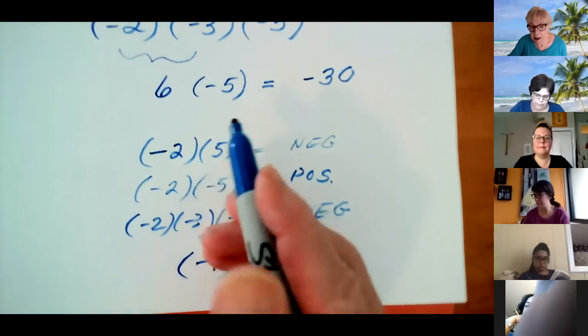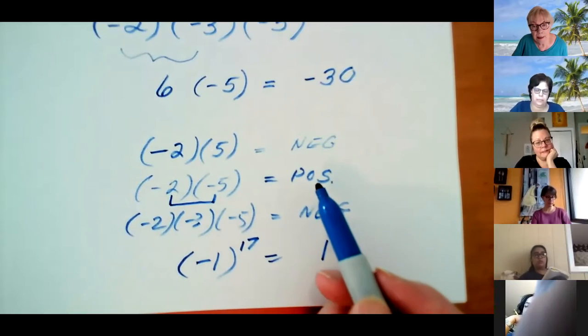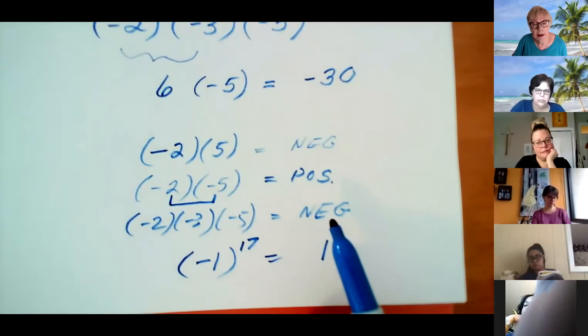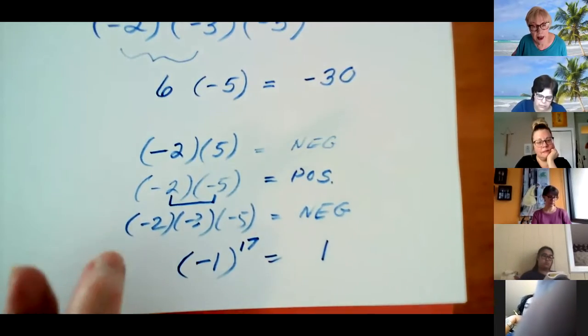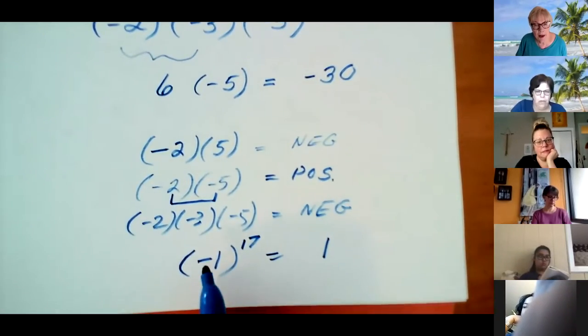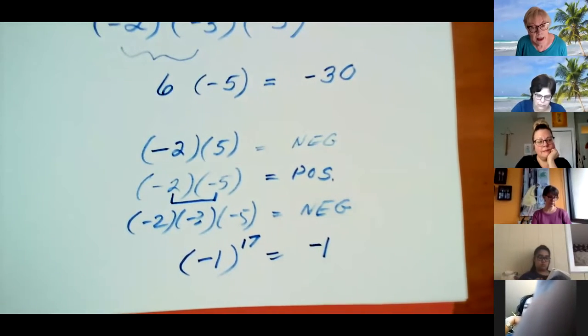When there was an even number, they basically canceled each other out and it became positive. So three negatives, negative. Because this is odd, we don't have a match for the two negatives to cancel each other out. And so this would end up being -1.